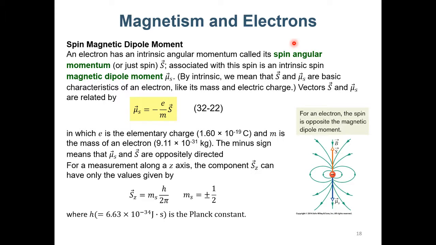It is due to the boundary condition of the PDE, so that it cannot occur continuously. And the magnetic dipole moment due to the spin is something like this, where e is 1.6 times 10 to the minus 19 coulomb, and the mass of an electron is 9.11 times 10 to the minus 31 kilogram.